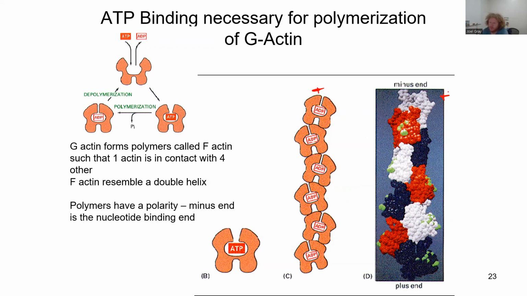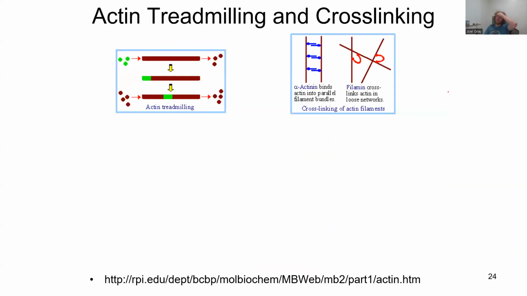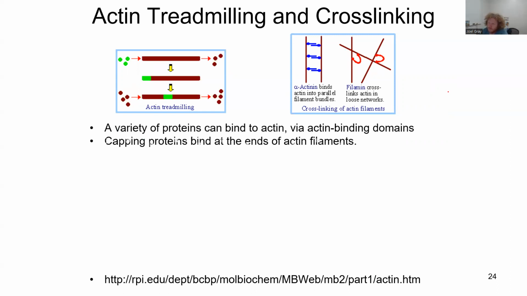Now, F-actin ultimately resembles a double helix. These polymers have a polarity. That means they have a positive and a negative end. And they are ultimately attached at the plus ends to the Z discs. So actin, like I said, is involved in lots of gross movements. There's one thing known as actin treadmilling, in which actin is able to move things along within a cell.